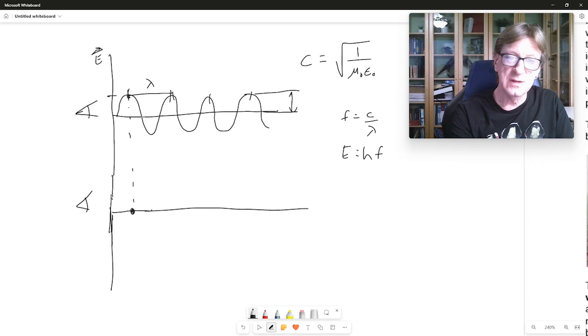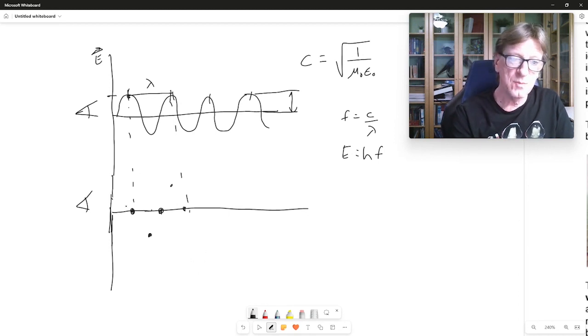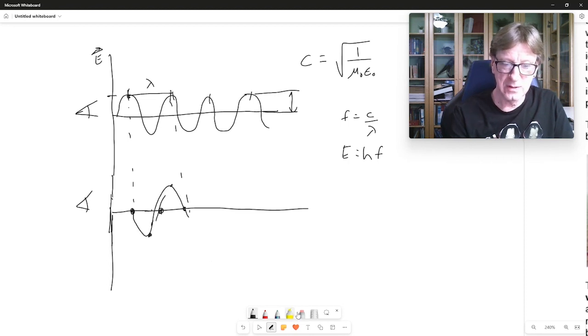When this one is zero, we want it to be at its negative. When this one's negative, then we're going to be back at our zero. And then here, as I'm increasing, I'm going to be at the positive for this wave. By the time I get up to here, to this one, which I'm kind of losing my alignment here, it's going to be negative. So my wave then is going to look like this, as best as I can draw it.